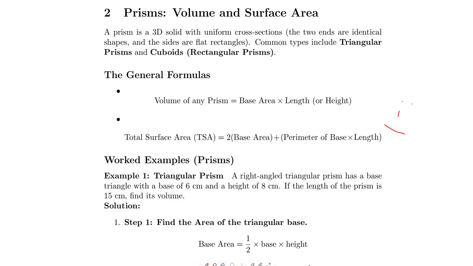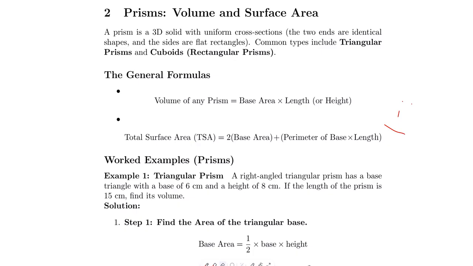And what does the volume formula say? The volume of a prism is base area times length. The base area times length. Are you seeing that now? Your base area times length.